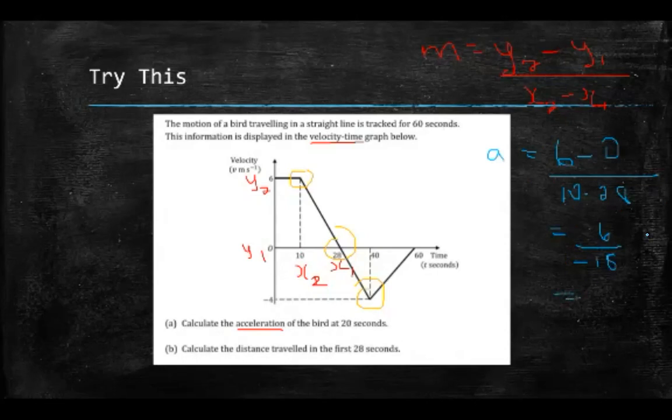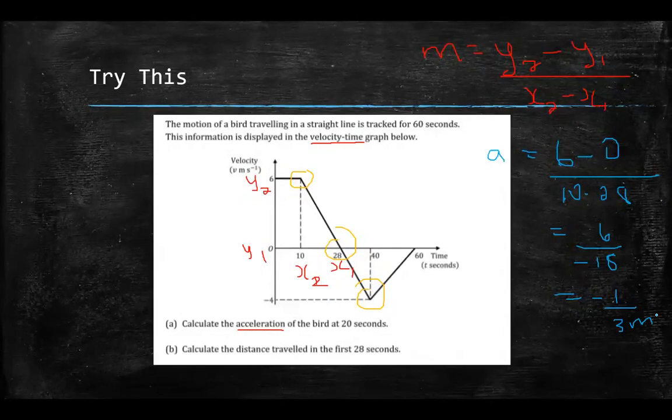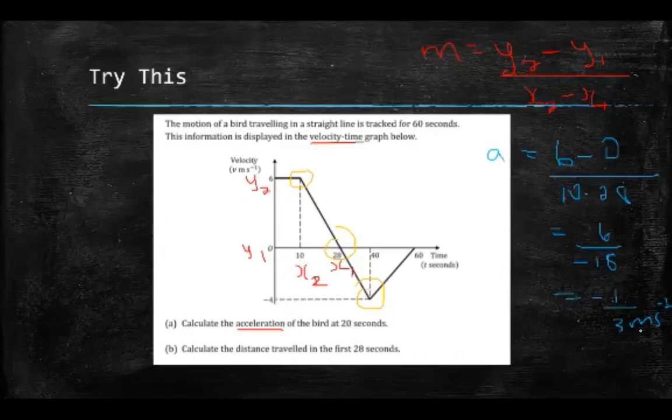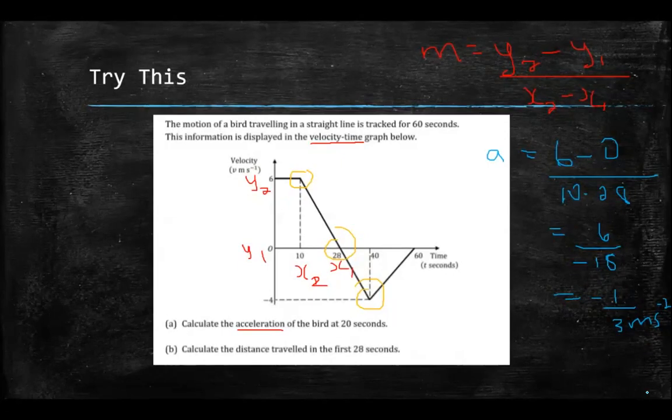Of course, this can be reduced, so I would reduce it to minus a third. Don't forget your units. This is acceleration, so meters per second squared, or ms to the minus 2. By the way, this is not a CSAT question.